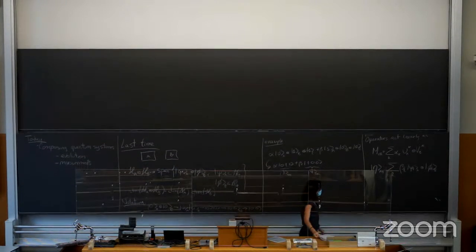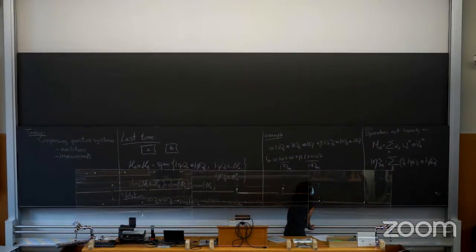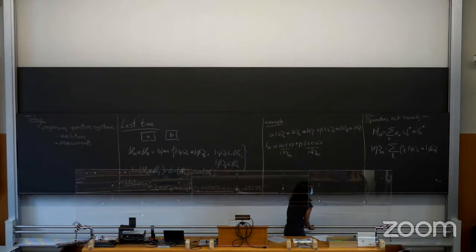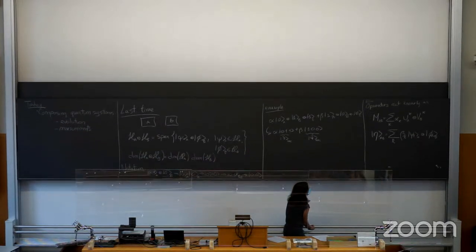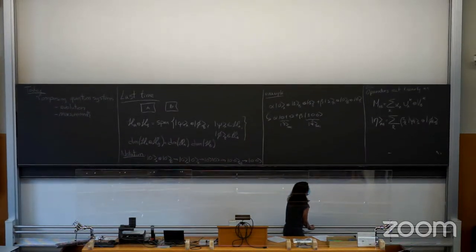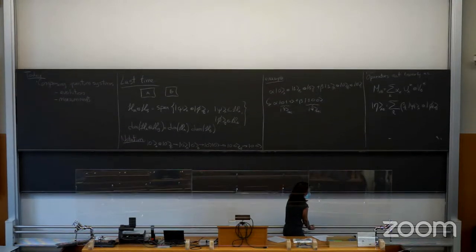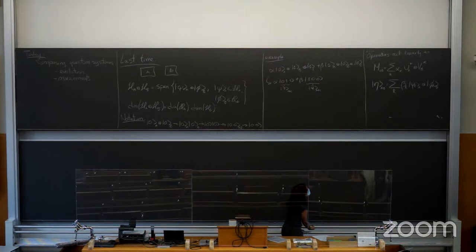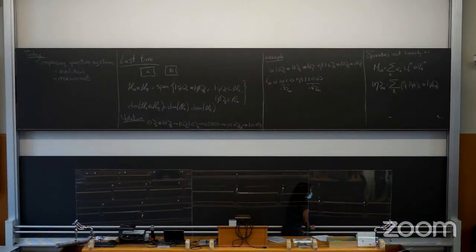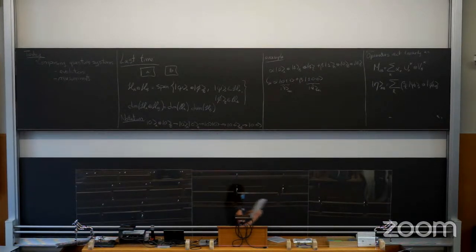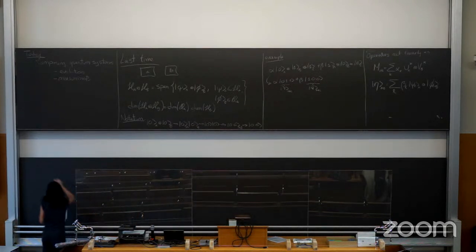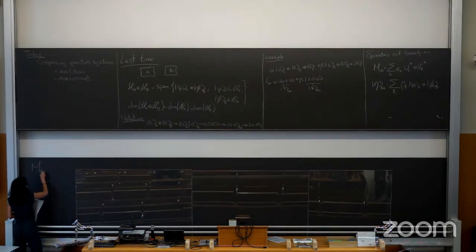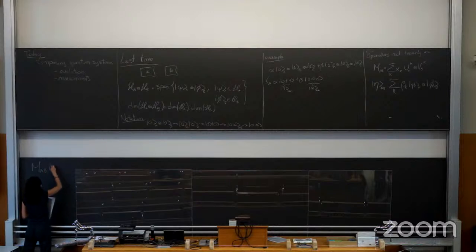I'll need a new board for this. And it's going to be essentially like things on A act on A, things on B act on B, and everyone is happy. So it's M_AB acting on this state.